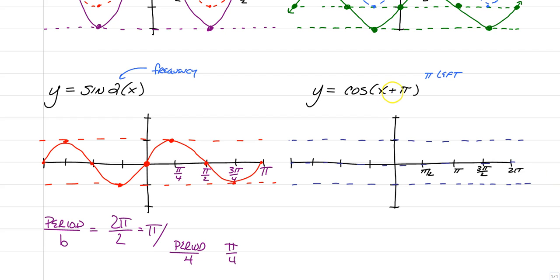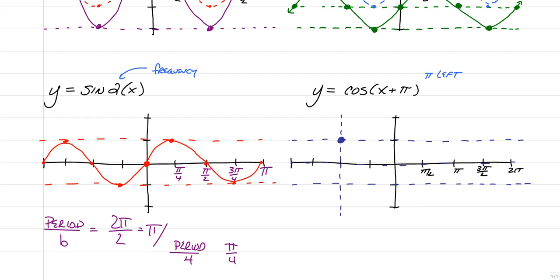But now we have a pi to the left shift. What I like to do is draw a vertical line at that horizontal shift. So pi, as we see, is 2 tick marks, but we're going to the left, so 2 tick marks to the left. A positive cosine, as we've already learned, starts at the top of the graph.